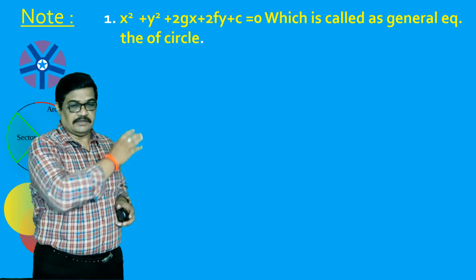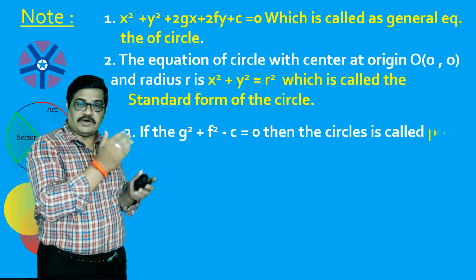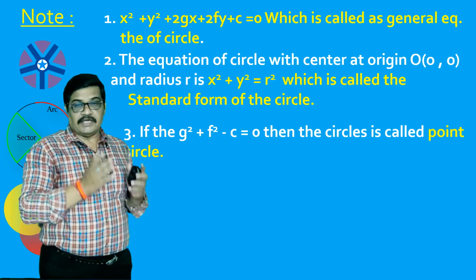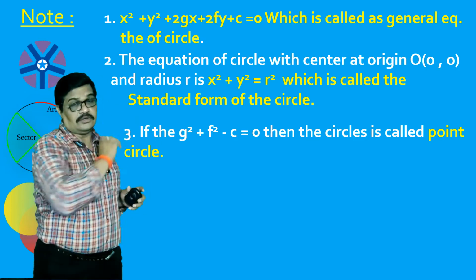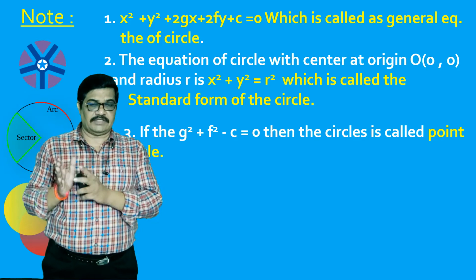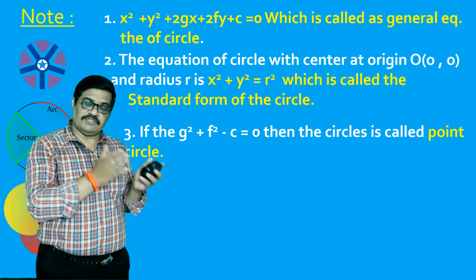Next, note here the equation of the circle with the center at origin. What is the origin? 0, 0. And radius r is x square plus y square is equal to r square, which is called the standard form of the circle. So in the above we discussed the general equation of the circle.